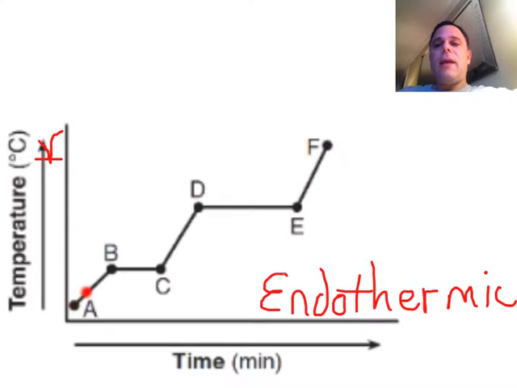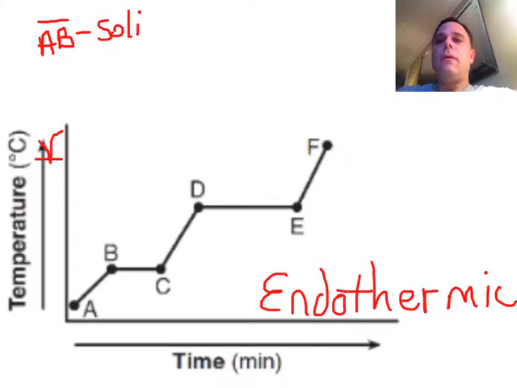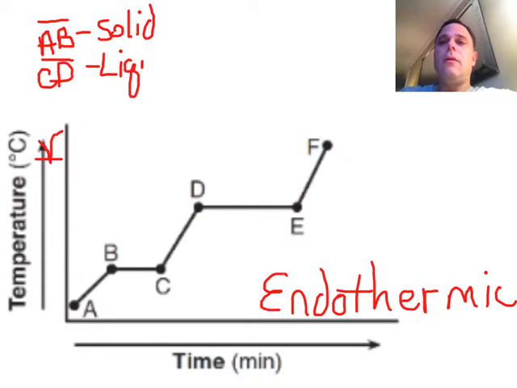Between the point A and B, we say that this segment is a solid. Between segments C and D, it is a liquid. And between segments E and F, it therefore must be a gas.